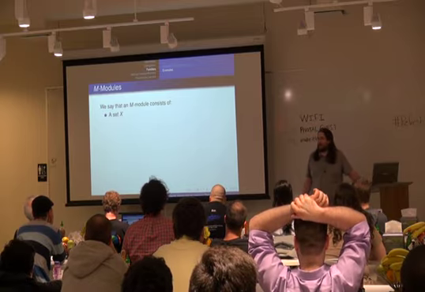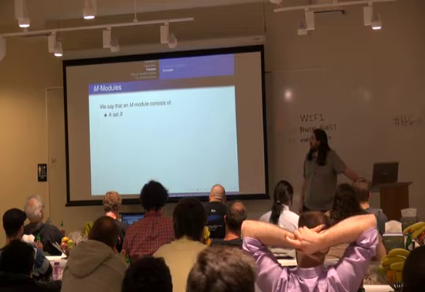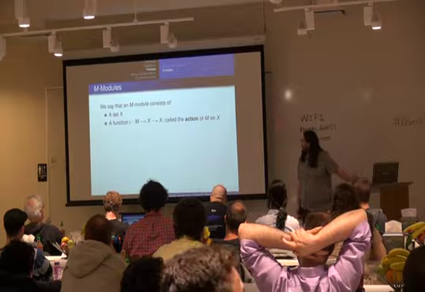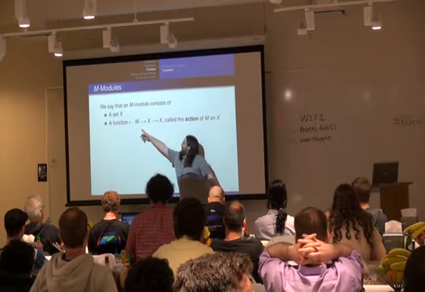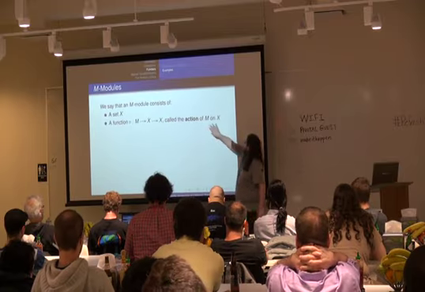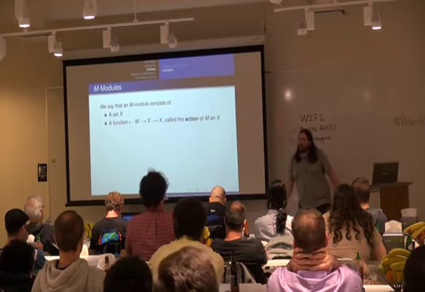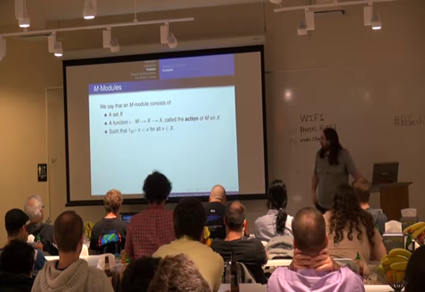I'm going to say what an M module is. If M is a monoid, a module for that monoid consists of a set X and a function that takes an element of the monoid and an element of X and returns another element of X. You call this the action of the monoid M on X.